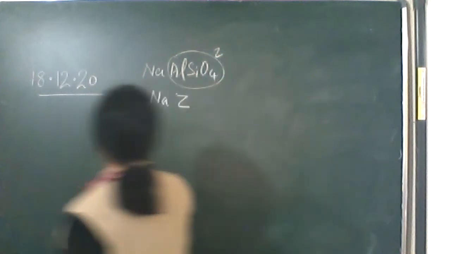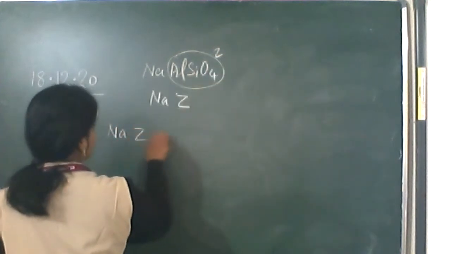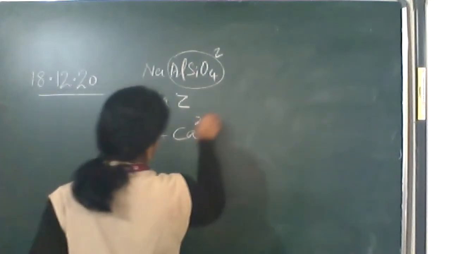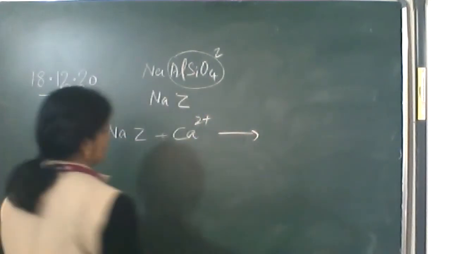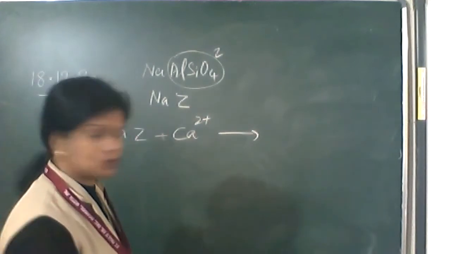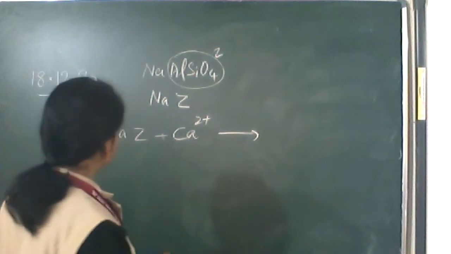When this permutit is treated with Ca2 plus, for example CaCl2 or CaSO4, what happens?